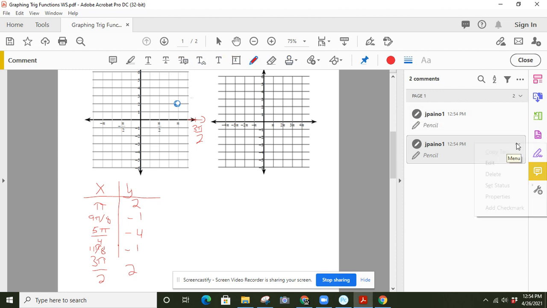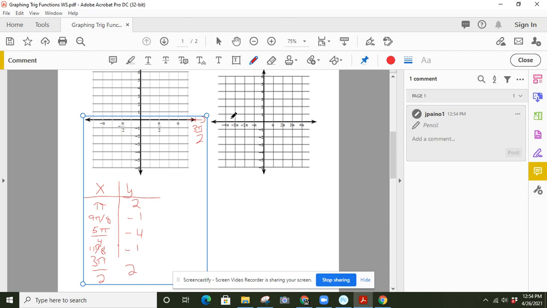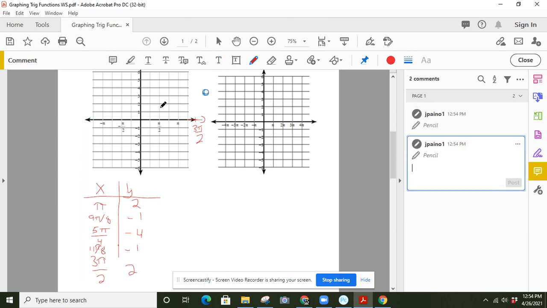What is going on? Okay. Do this again. At pi, it's 2, right? And then each of these is pi fourths. So at 5 pi fourths should be right here. It's -1 or -4. And then 3 pi halves is 2.